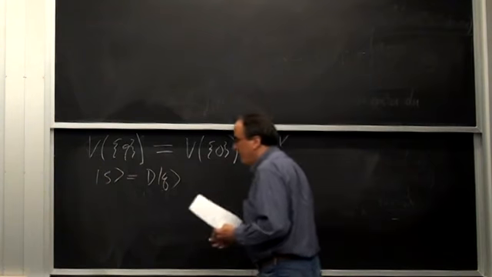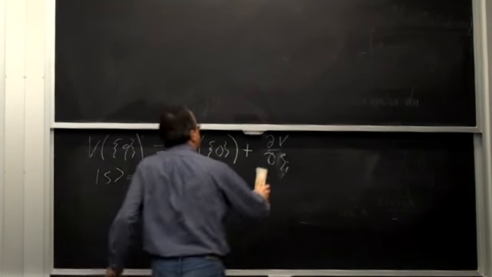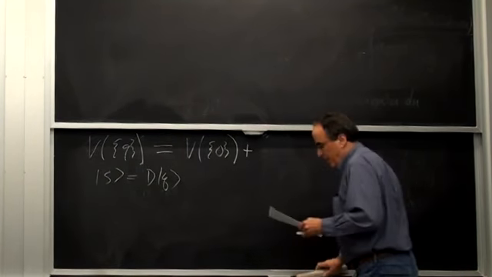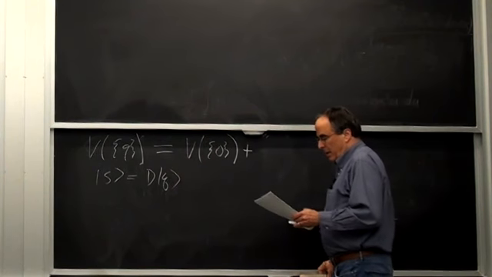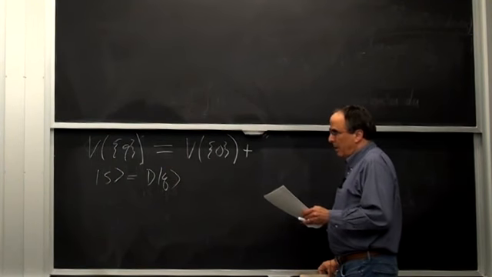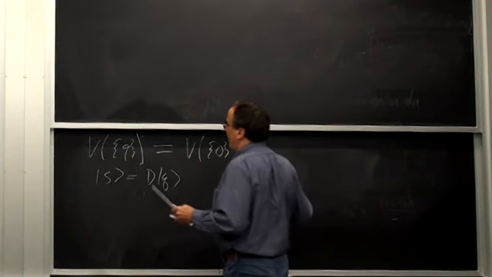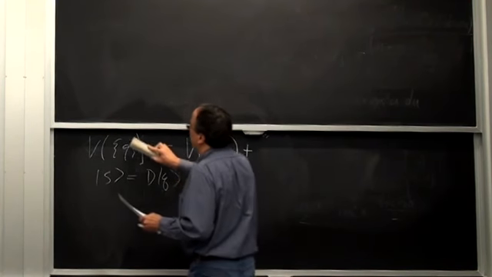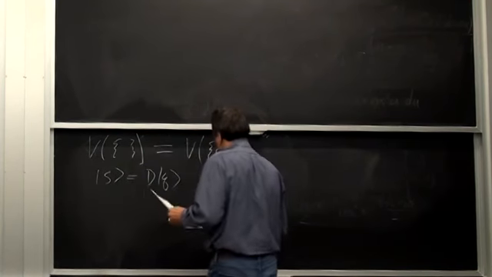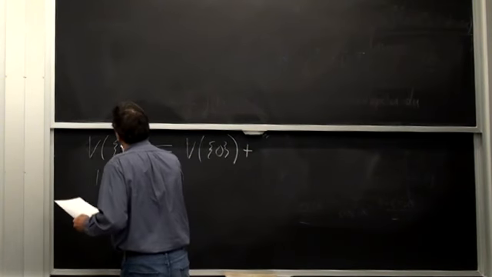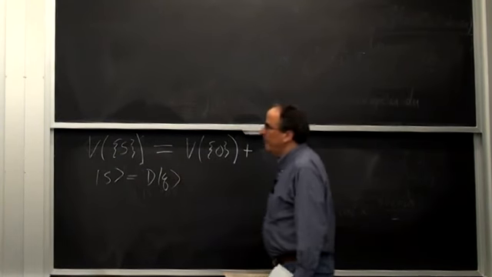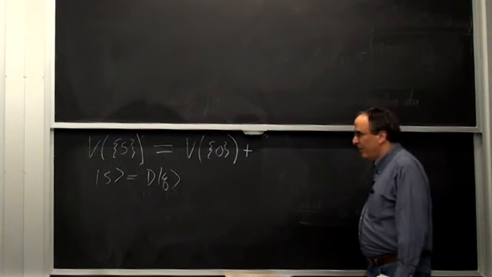What am I doing? If I don't look at my notes, I'll do something stupid right away. So we would like to be able to write the potential energy in terms of the internal coordinates.